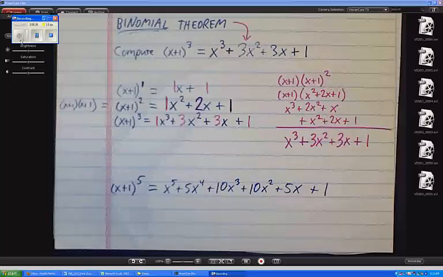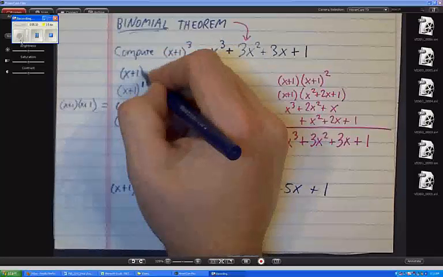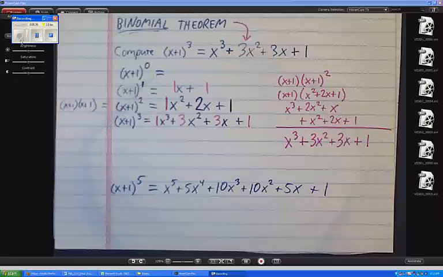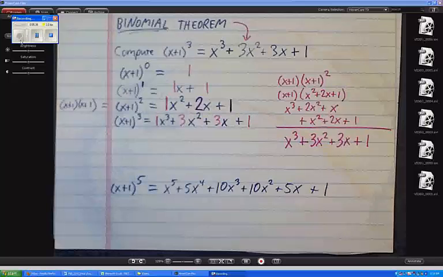Has anyone ever seen these numbers in pink? Emily has. Barb has. Augusto has. For those of you that haven't, let's make another one. X plus 1 to the 0 power is 1. Okay?